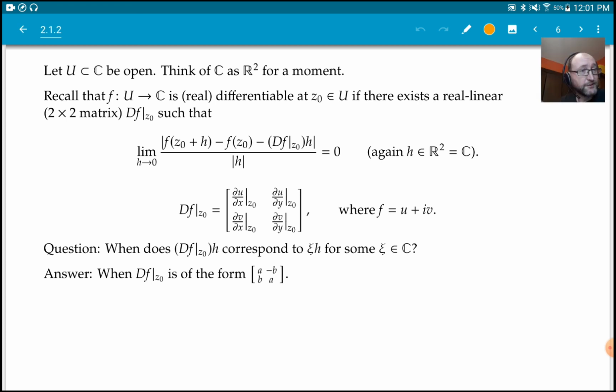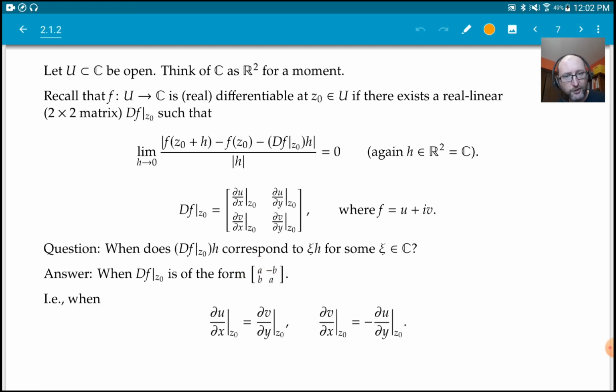Well, we've looked at this before, and we noted that it's precisely when it's of this form, right? It's a, minus b, b, a, and then it corresponds to the multiplication by a plus ib, right? And that's an if and only if, right? So that means, in terms of our real derivative, that I have to have that a, this term, has to be equal to this term.